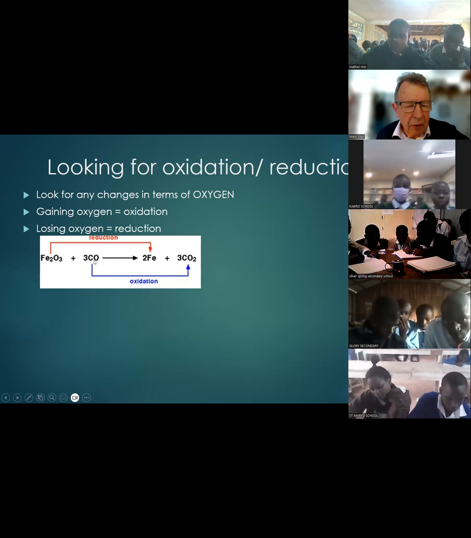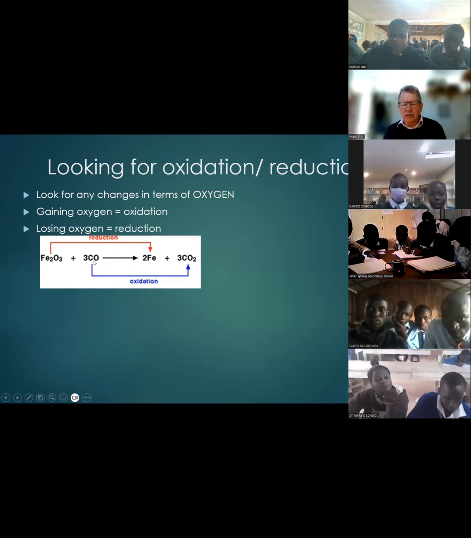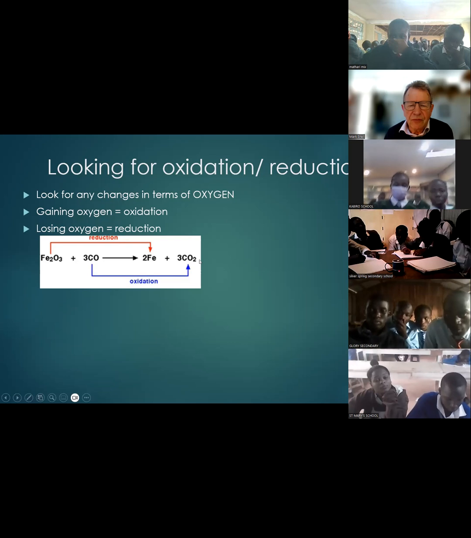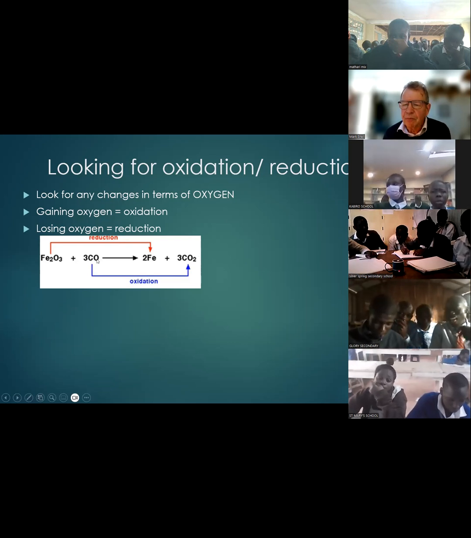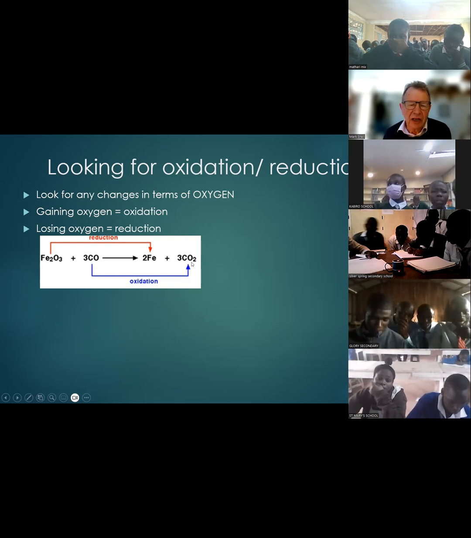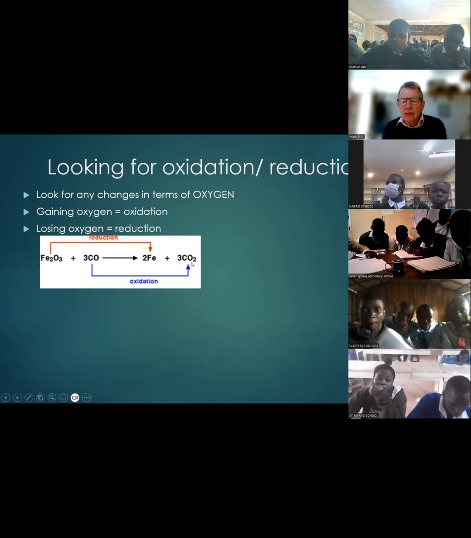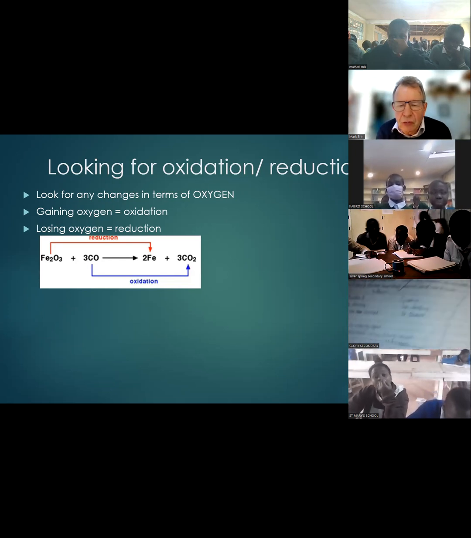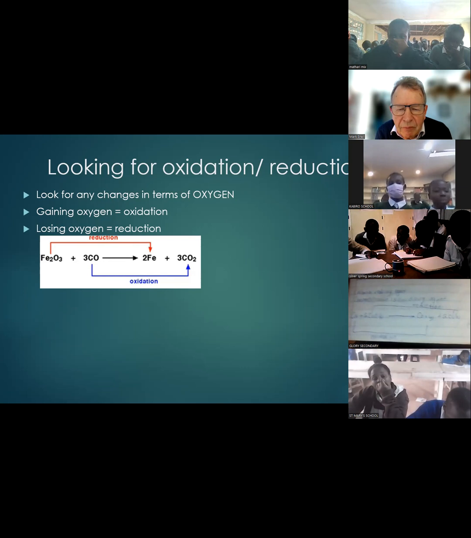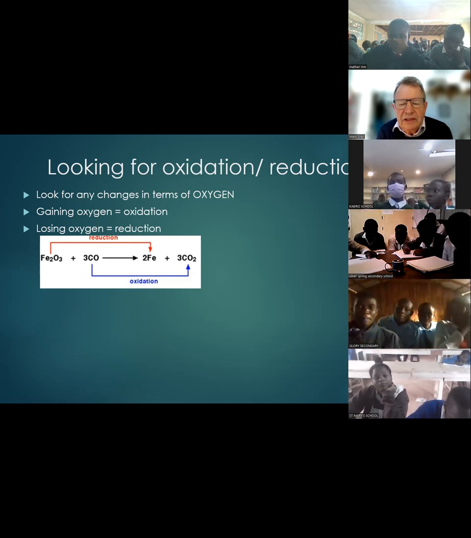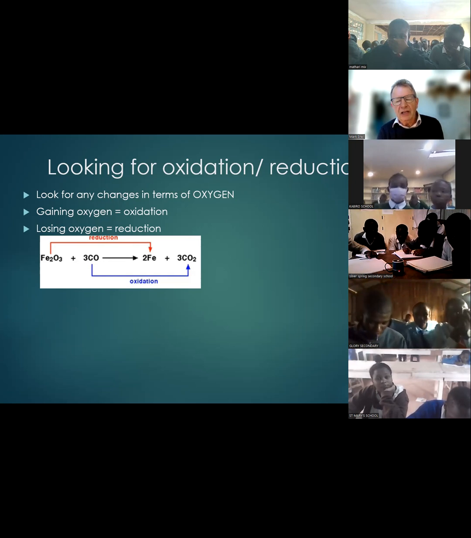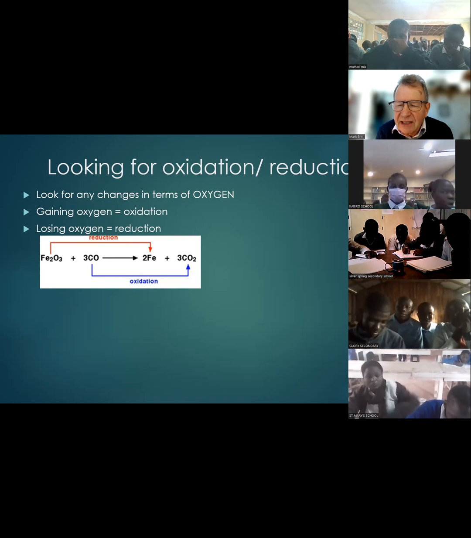But the carbon monoxide turns into carbon 4 oxide. So it picks up 1 oxygen each. So it gains oxygen, and that means it is oxidized. This reaction is called a redox reaction. Well done, Glory. This is called a redox reaction because reduction and oxidation happen at the same time.